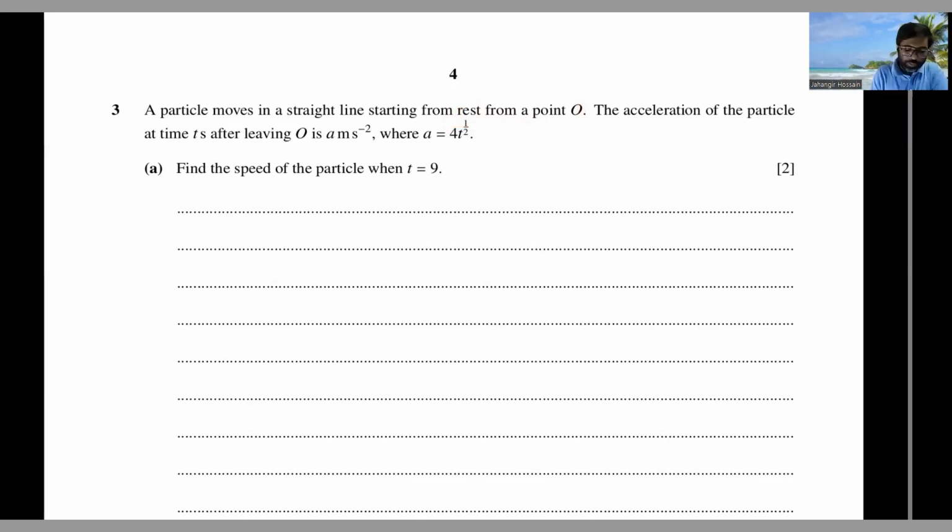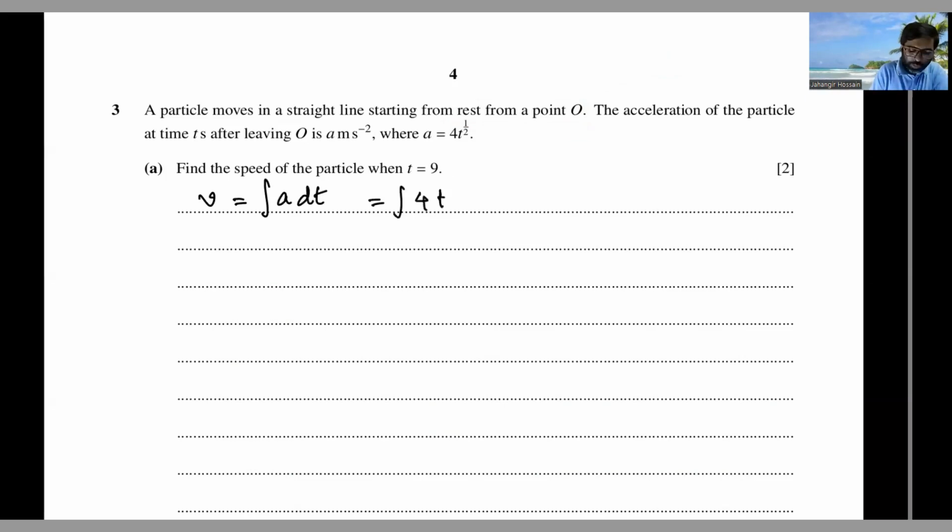Now, you need to find the speed of the particle when t equals 9. For that, you need to find the expression for v first. We have acceleration in terms of t, so to find v, you need to integrate acceleration with respect to t.